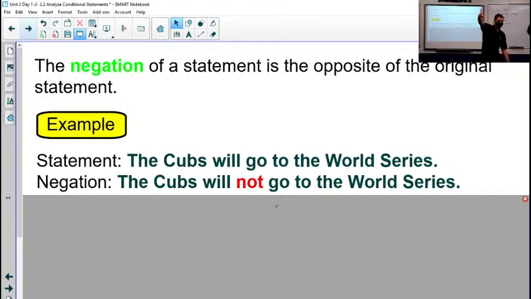And so if we have the Cubs will go to the World Series, the negation will be the Cubs will not go to the World Series. Which is always a sad day.